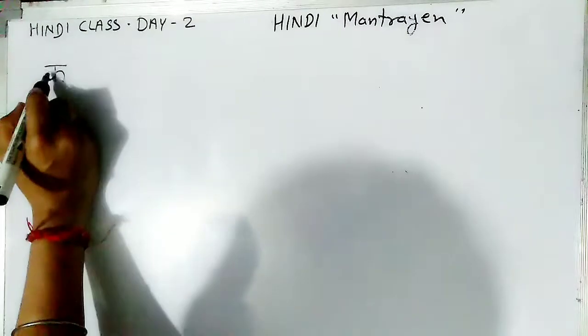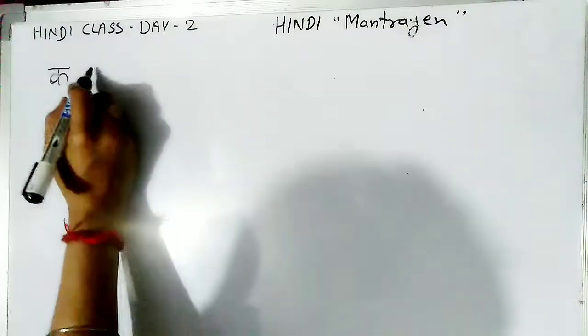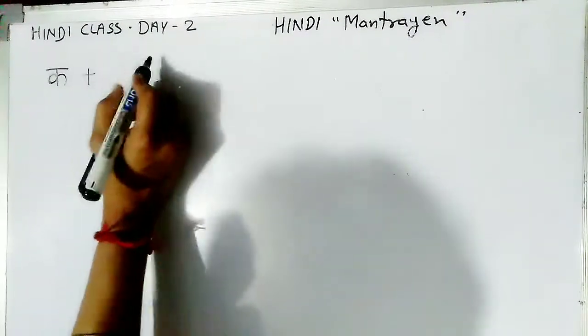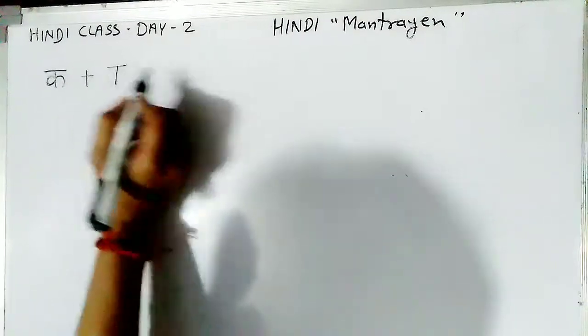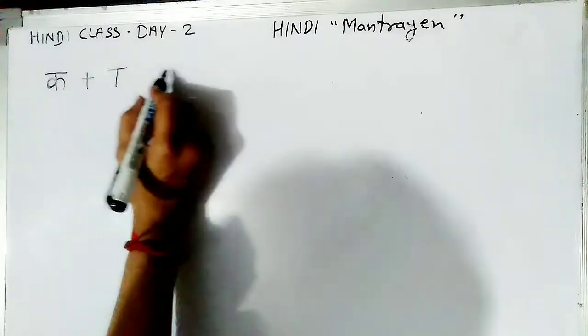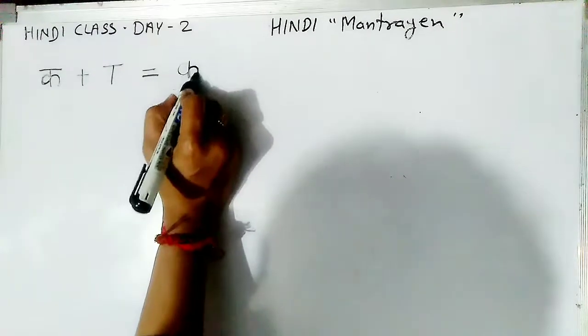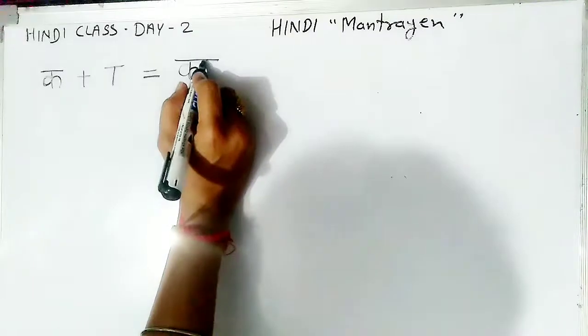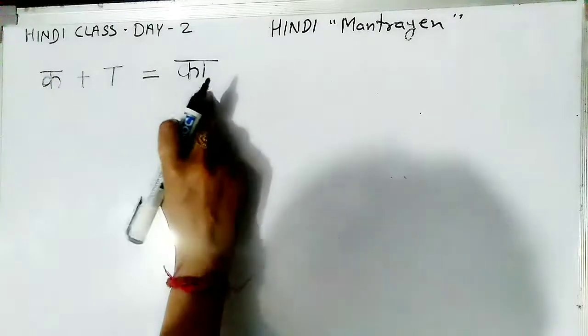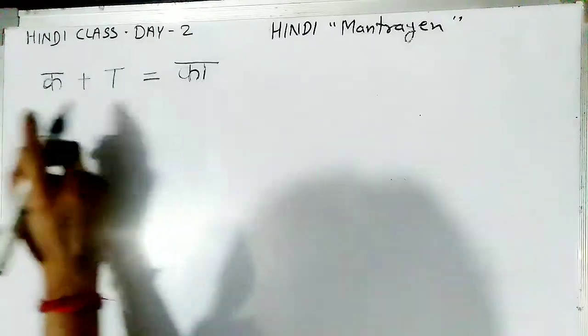I write ka, plus the a matra. This is ka plus the a matra, and it makes ka.